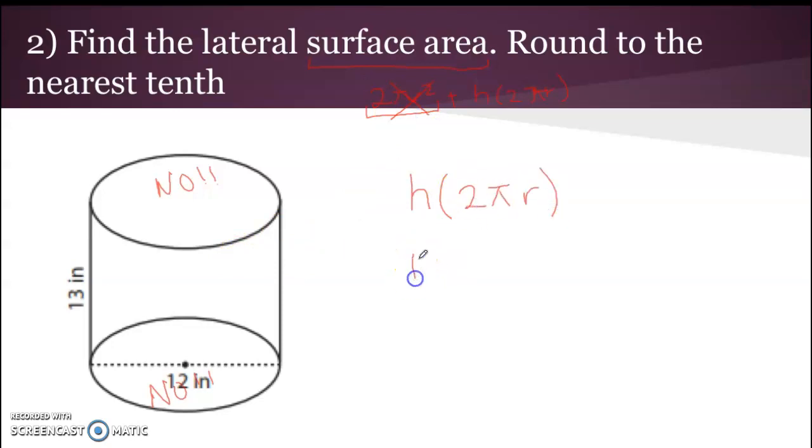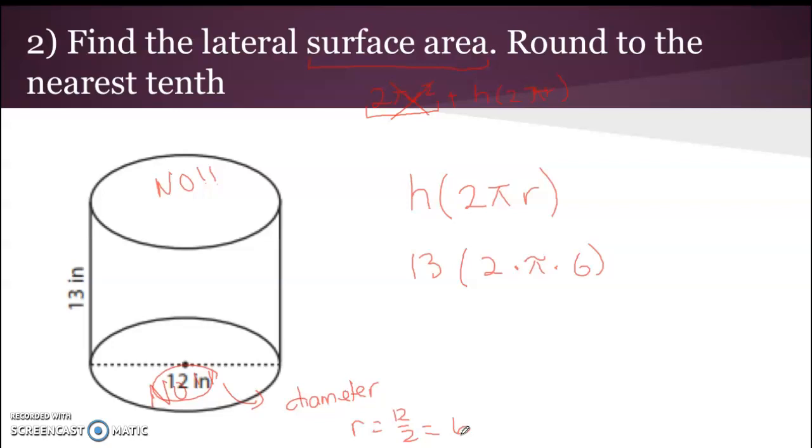So the height of this is 13. The radius is 6, because this 12 represents the diameter, and the radius is 12 divided by 2, which is 6. Now it says rounded to the nearest, what are we rounding? The hundredths.